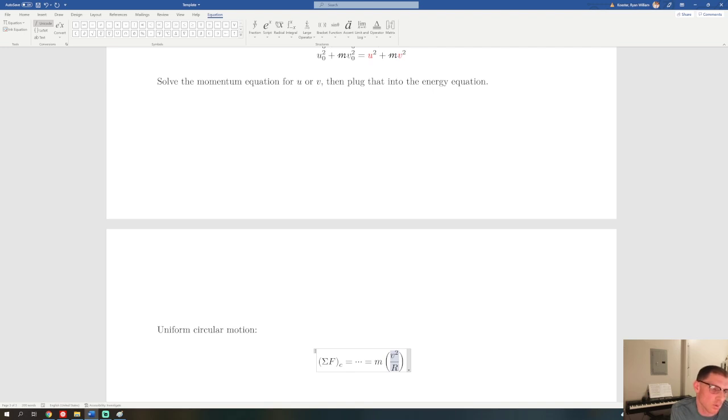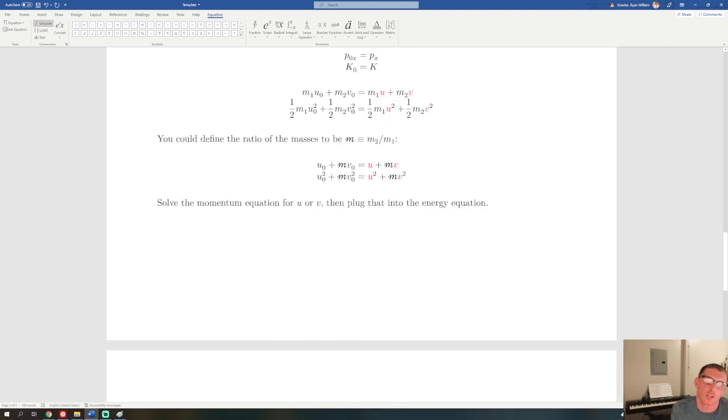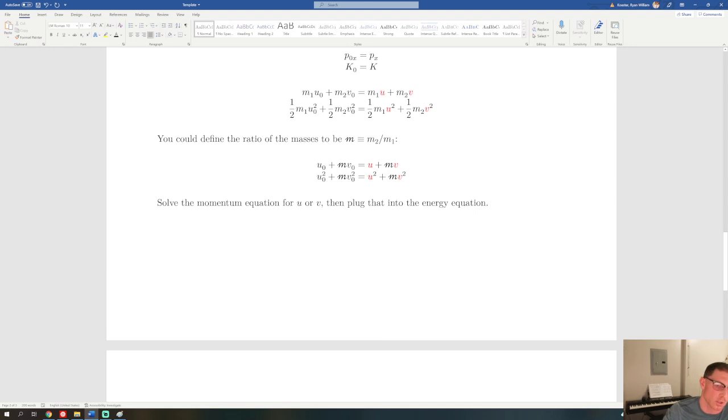Would you be able to do a system of equations with u1 plus v1 equals u2 plus v2? If you had two unknowns, you could solve it for one and plug back into the original momentum equation. Well, just from a math perspective, totally divorced from the physics, we need at least as many equations as unknowns.